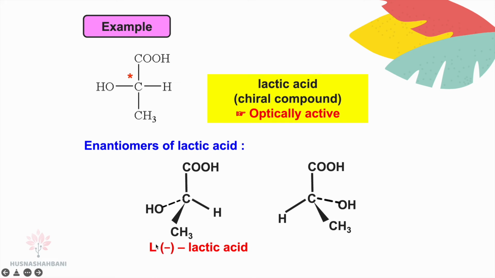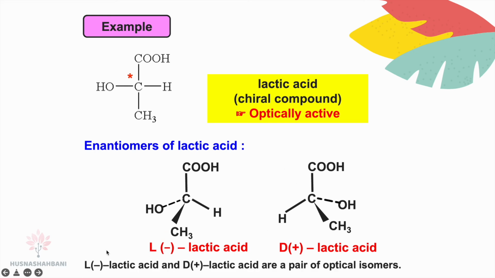So this one rotates anti-clockwise, symbol L, L-lactic acid. This one rotates clockwise, so D-lactic acid, or positive. This one is negative. So L-lactic acid and D-lactic acid are a pair of optical isomers, or you call them enantiomers.